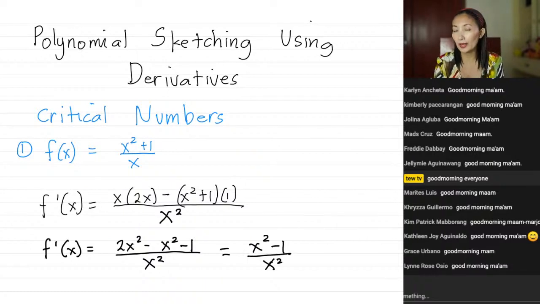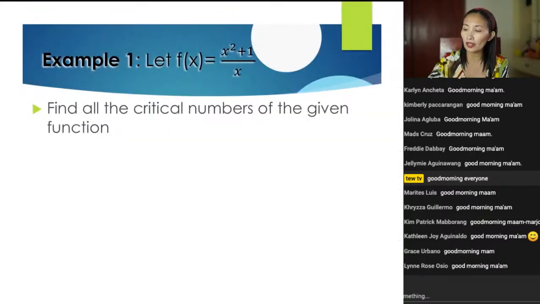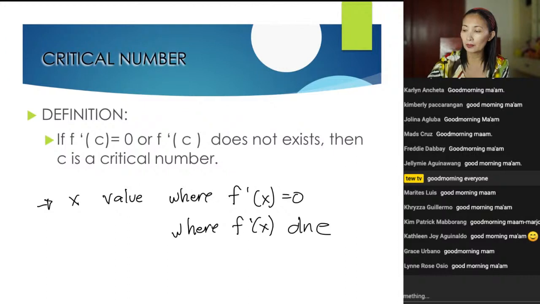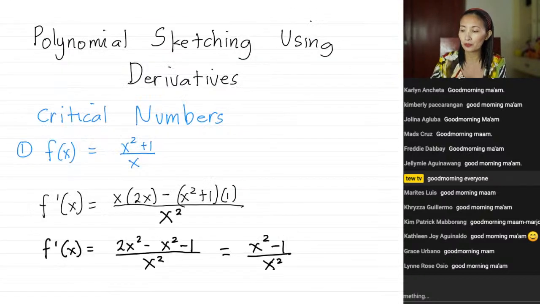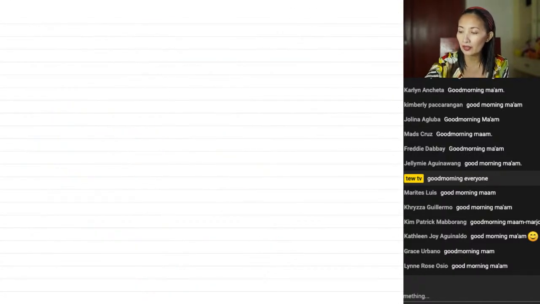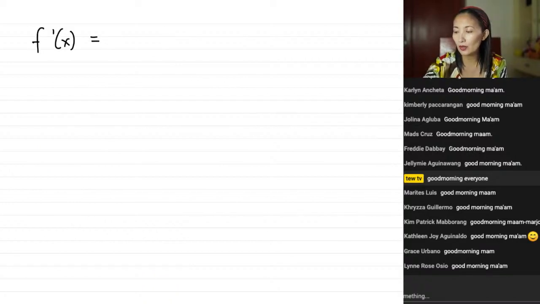A question: what value of x will make the first derivative 0? Going back to our definition of a critical number, f prime of c equals 0, or f prime of c does not exist. Looking at the first derivative of the function given, f prime of x equals x squared minus 1 over x squared. What x value or values will make f prime of x 0?